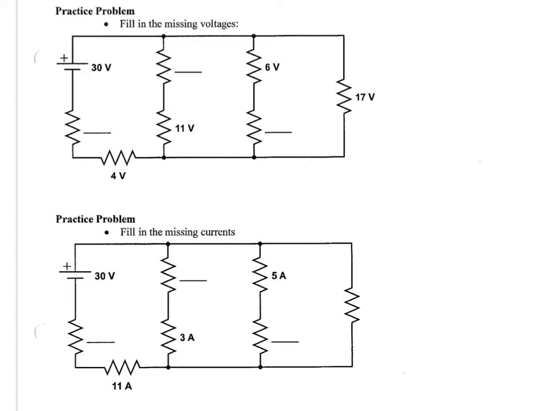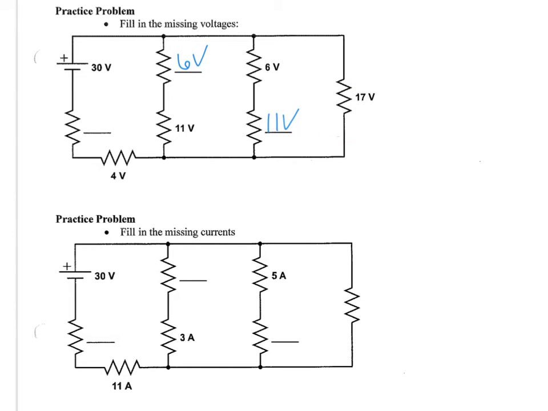Voltage for parallel resistors is equal. So in other words, this is 17, these need to add up to 17, and these need to add up to 17. So 17 minus 6, this is 11 volts. This is 6 volts. Again, how do I know that? Because resistors in parallel are going to have equal voltage.